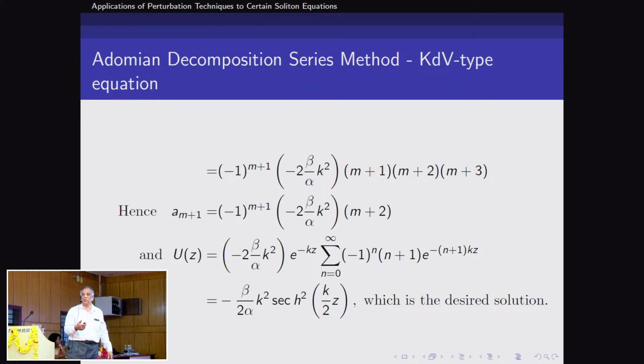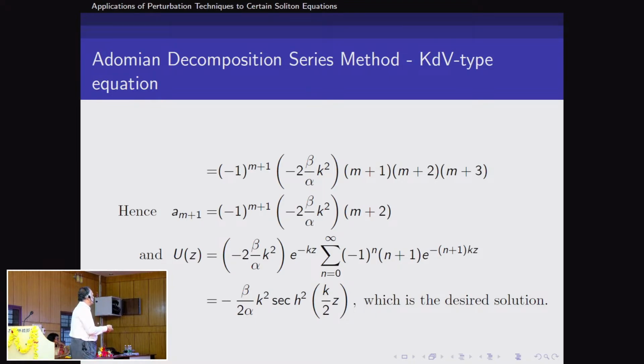What is cosh? Anybody? e to the power of x plus e to the power of minus x, divided by 2. Okay. So sech means 1 over that, that is 2 divided by e^x plus e^(-x). So that idea is there. That's all. I have squared it.